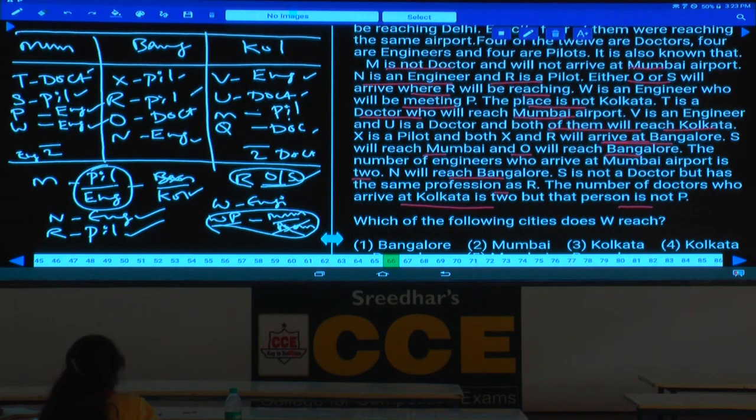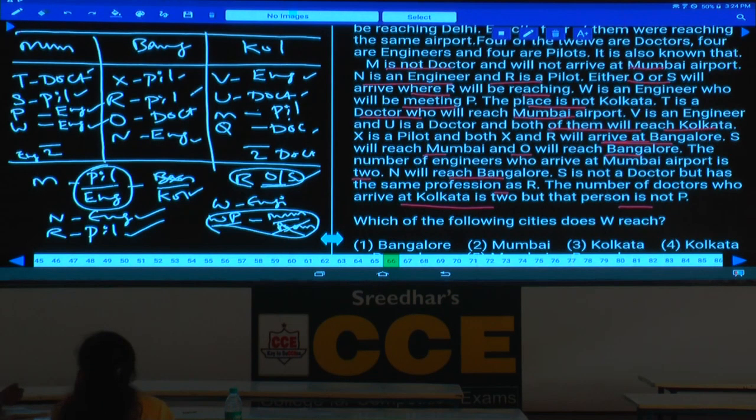Let us take any parameter which is common. Clear now? Yes, write down this final arrangement here. Mumbai, that is T, S, P, W. T is a doctor, S is a pilot, and P is an engineer, W is an engineer. There are 2 engineers who are reaching Mumbai airport.